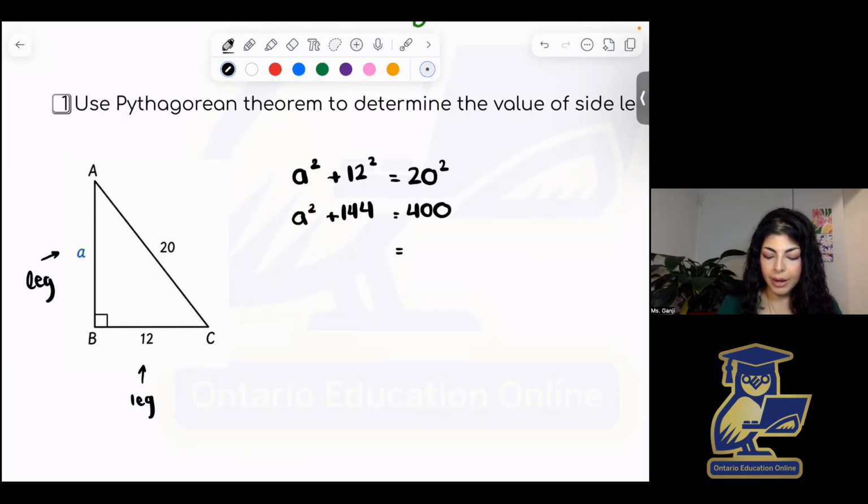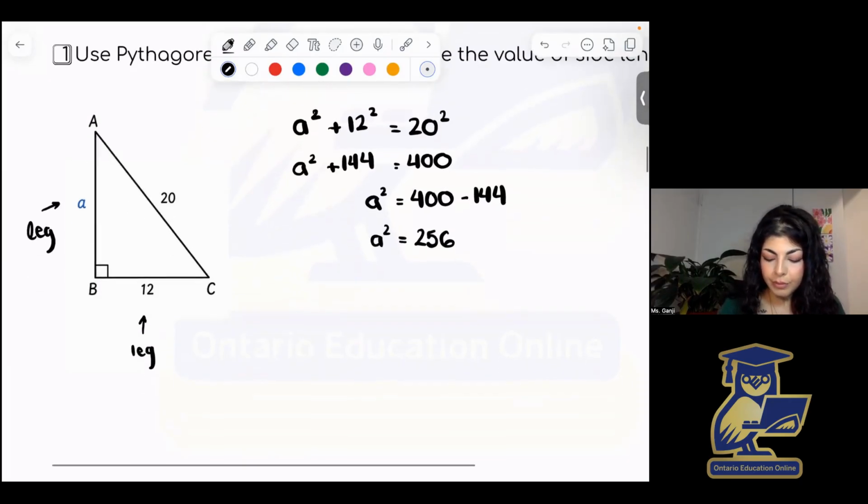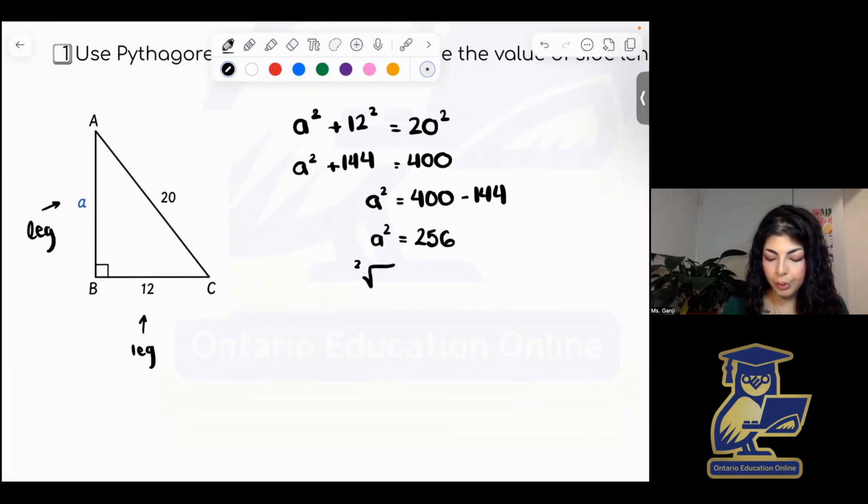And now if I rearrange, I will have a squared is equal to 400 minus 144, which is 256. And now you will take the square root of each of these. So don't forget your exponents here.